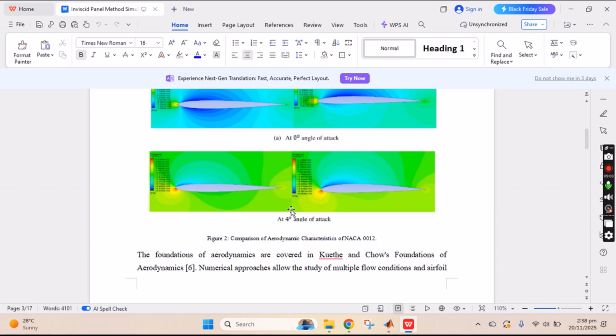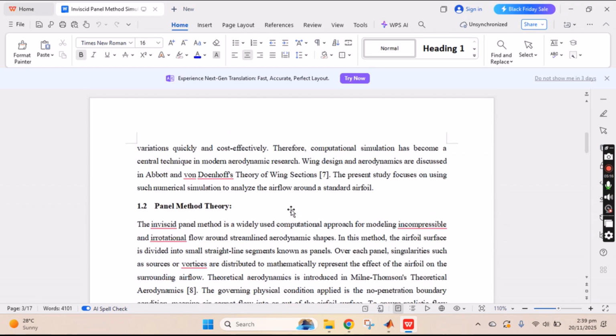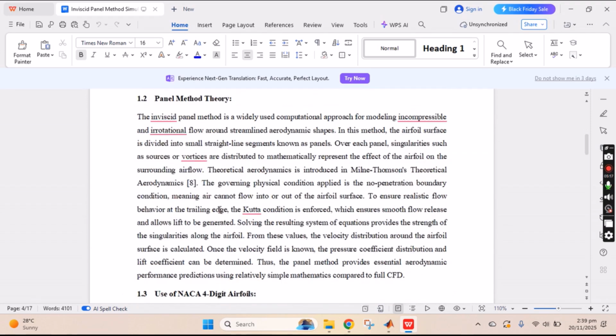If the angle of attack increases, it means the flow of air and the pressure will increase automatically. So here is just the panel method theory. I have explained what the panel method describes, and how it provides a modeling approach for incompressible and irrotational flow around streamlined aerodynamic shapes.